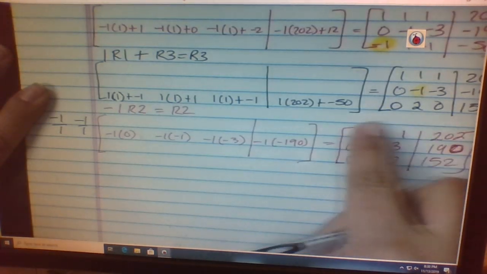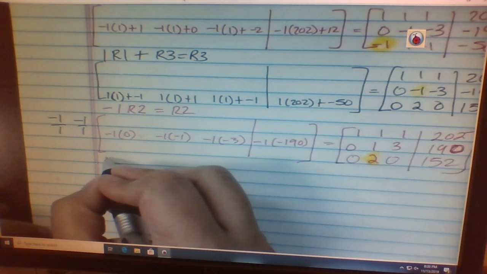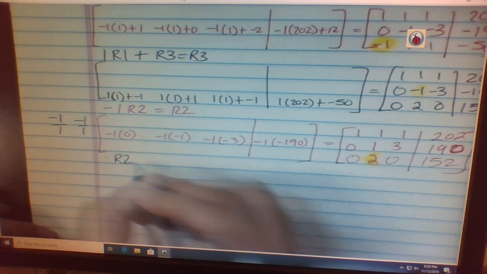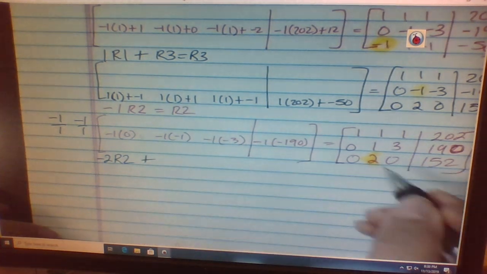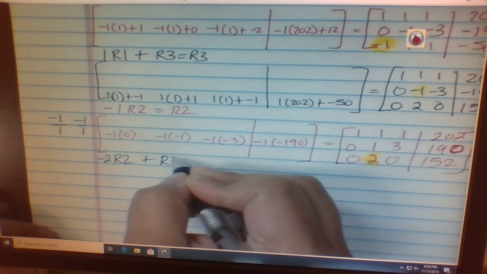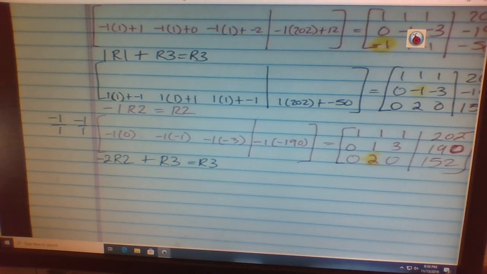Row 2. I know this one does too, but you need to work with the one that you created. So it is row 2 times the opposite of 2, which is -2, and we add it to the row we want to make the 0 in, which is row 3. So go ahead and do the math. Almost there.